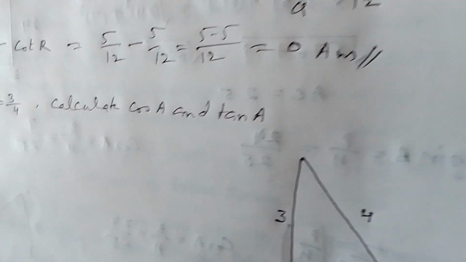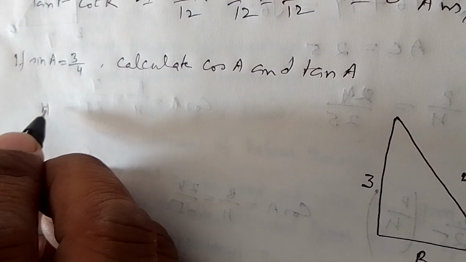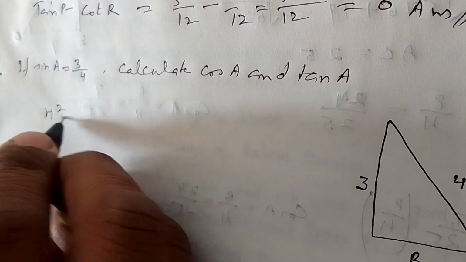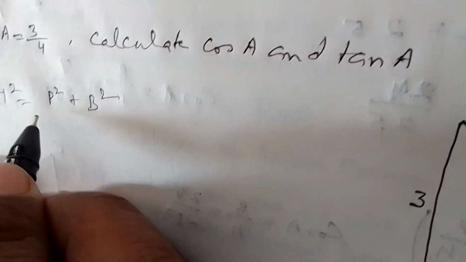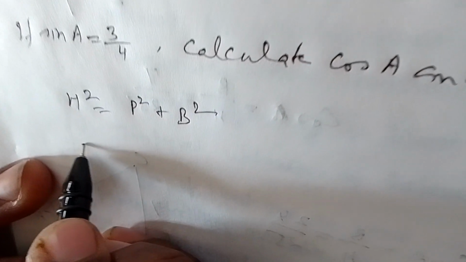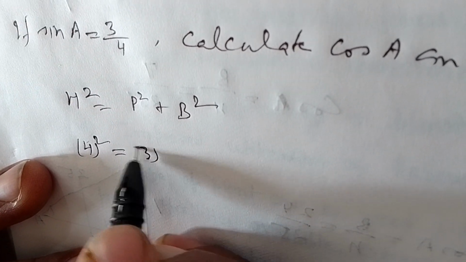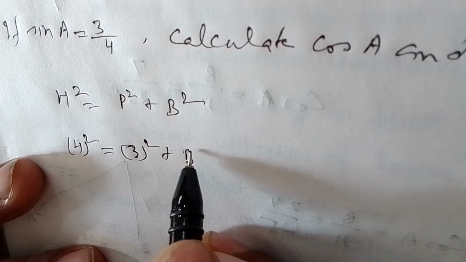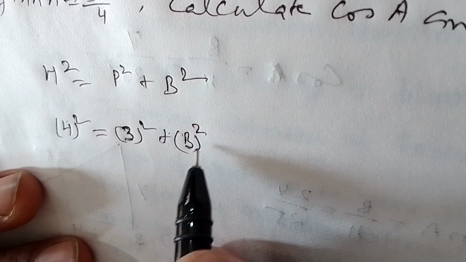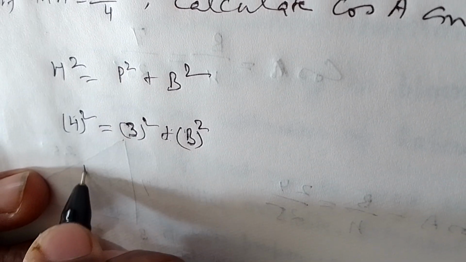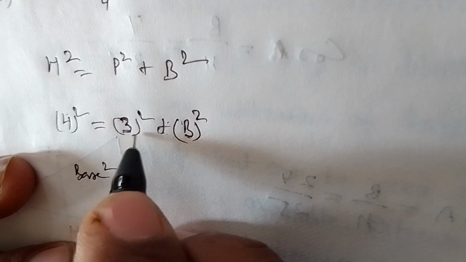So we have to calculate the base. Since we know the formula of hypotenuse, h square is equal to perpendicular square plus base square, it can be written as hypotenuse value 4 square is equal to perpendicular value 3 square plus base square. Now to calculate base square, we will carry this perpendicular to the other side.